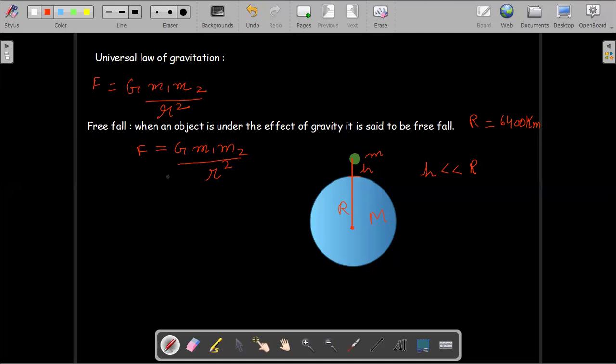If I put the values over here, I can obtain the gravitational force between them to be equal to G multiplied by M, the mass of earth, multiplied by small m, the mass of the object, divided by R squared, where R is the radius of the earth. Does everyone agree with the formula that I have obtained for the gravitational force between them?